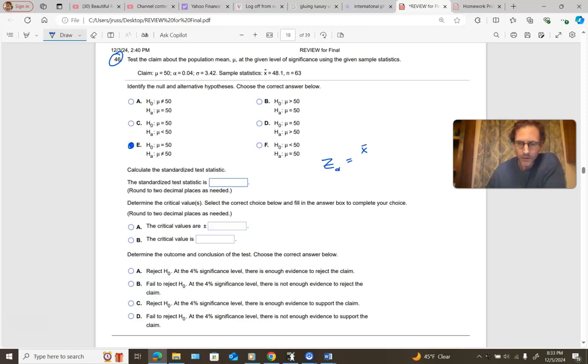This is going to be x bar minus the mean over the standard deviation divided by the square root of the sample size. So you're just going to plug these in. I'll just do this in my calculator.